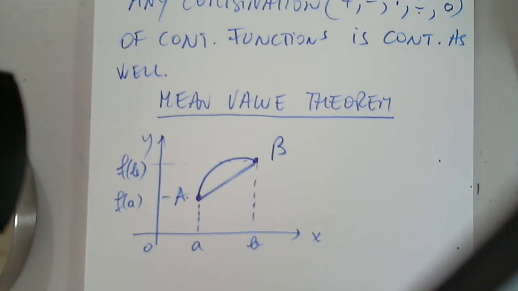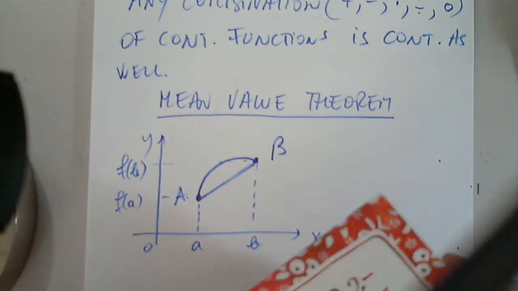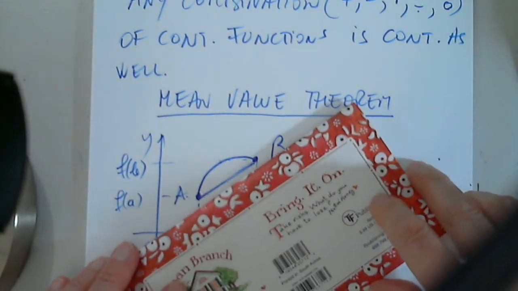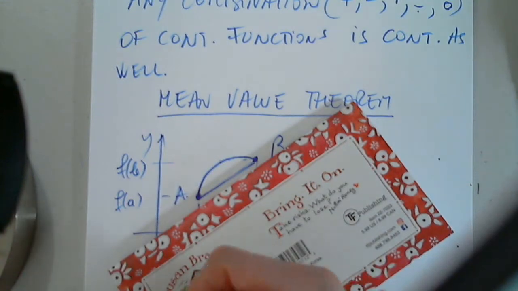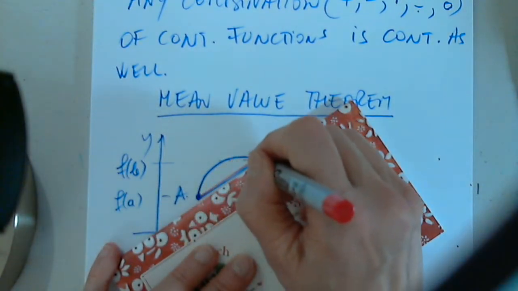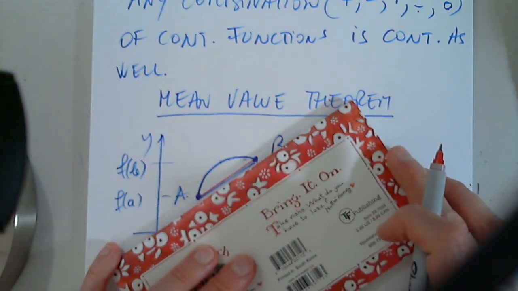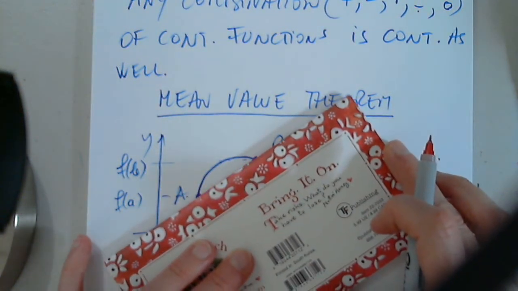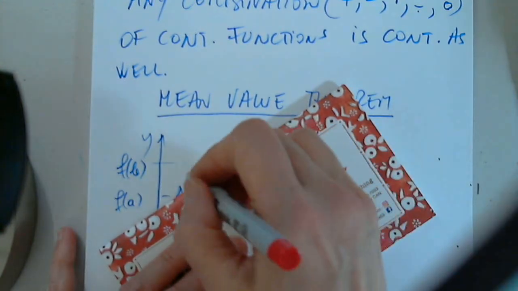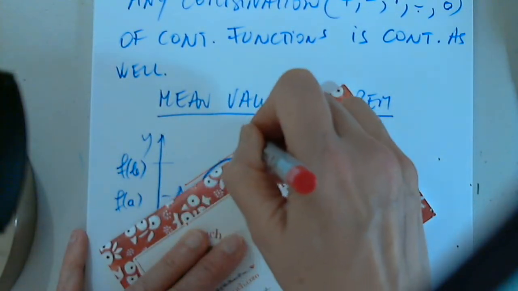I used to have a little ruler handy, but I don't. So, okay, this is a calendar. Follow me for a second. This is the line AB, and I am going to draw a parallel line tangent to the graph.